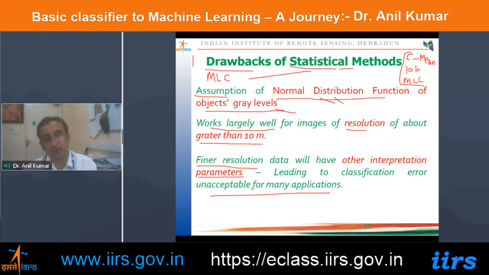There can be some small structures, and they will be dominating. So it is not easy to map or classify them using their color information. We have to use some other interpretation parameters. If we just use the color, there will be very high classification errors, which may not be acceptable.